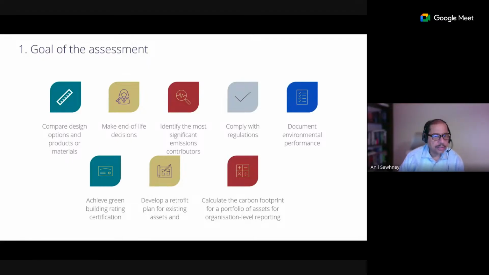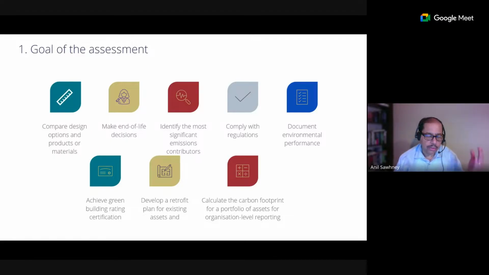Goal of the assessment. You can have multiple goals. You could be doing an assessment to compare design options and products or materials. You're doing the assessment to make end-of-life decisions. You can run assessments to comply with the regulations.